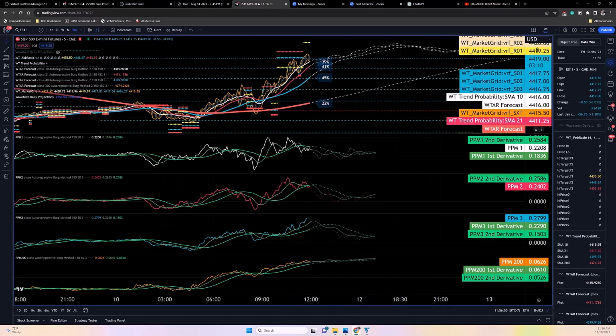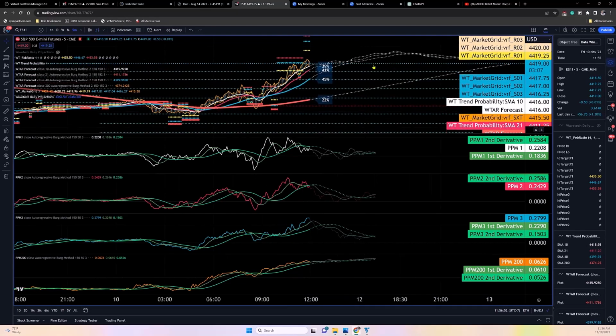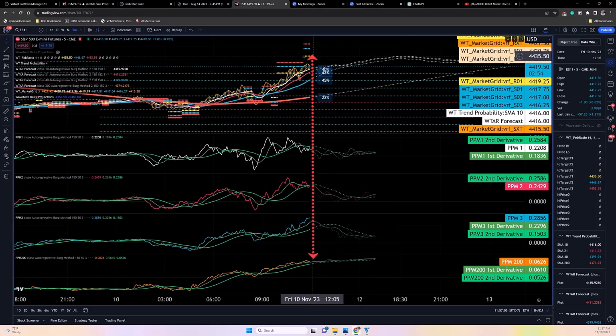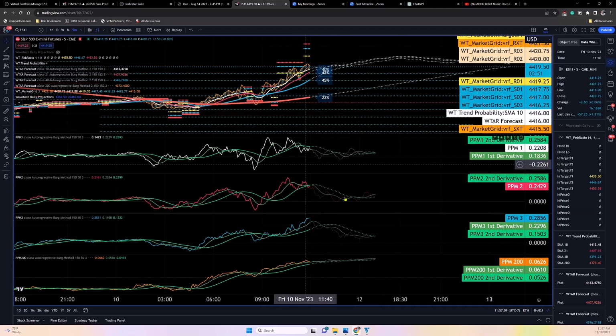We do have some upward objectives way up here. I don't think these are valid. This is one thing I've told you before: if you have the fib targets on the upside being projected, but you have negative PPMs, the chances of hitting these are usually not very good. It looks like a sustainable, because we're going out with these algos, and you saw on the 5 second how they're going to update.